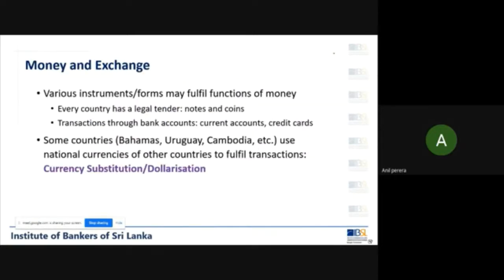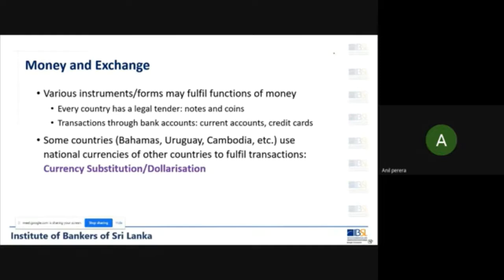Now, if you look at your exam paper, the very recent paper, question number 3. I'm just reading this question number 3. There is some description given at the beginning, and then 3.1. Briefly describe the functions of money. That is part 1. So you can now easily answer for 5 marks very easily.